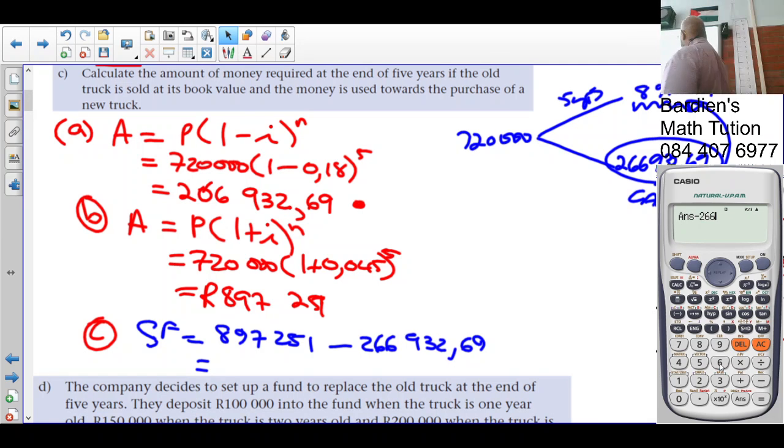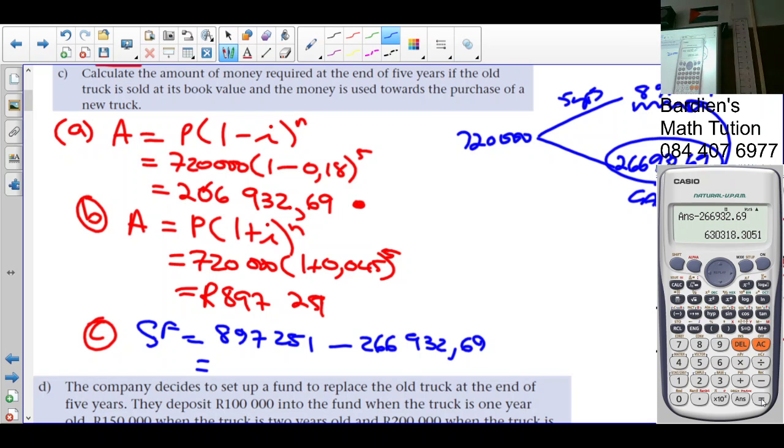Minus 266,932.69 gives you 630,318 rand and 31 cents. So that is the shortfall after 5 years. That is what they need: either after 5 years they will make a loan for 630,318 rand and 31 cents, or if they have that money, that is what they need to pay the difference in.